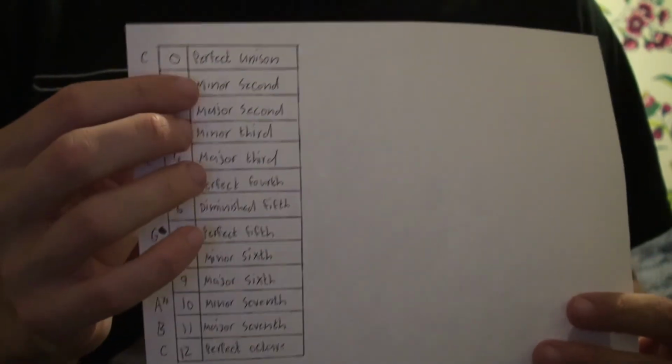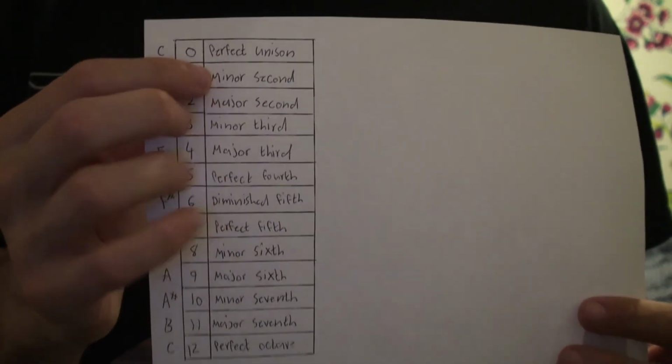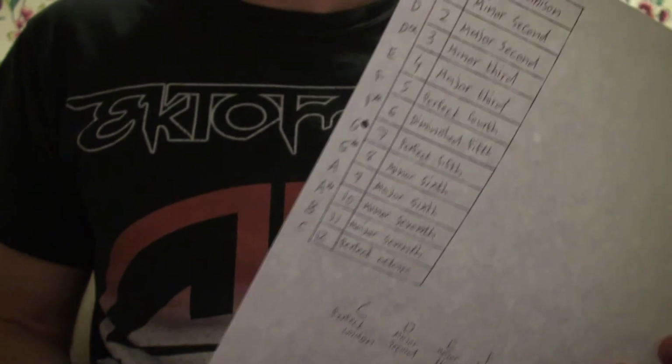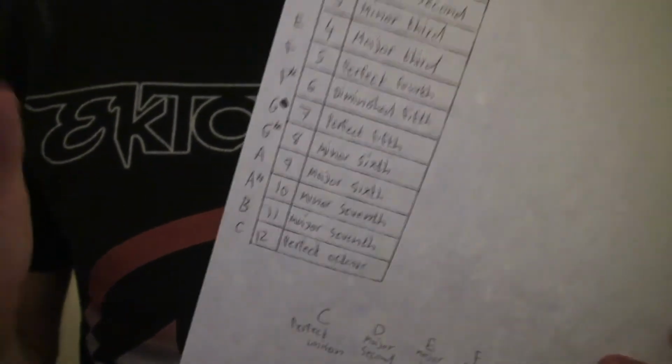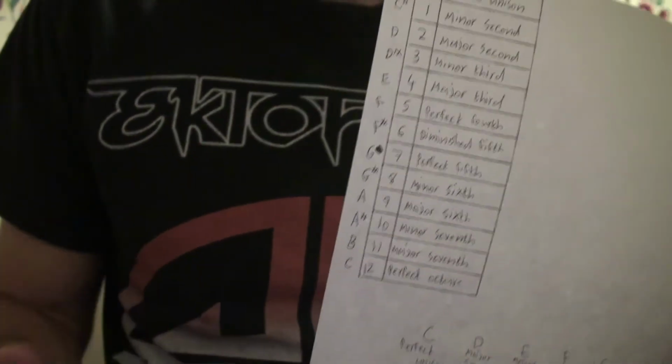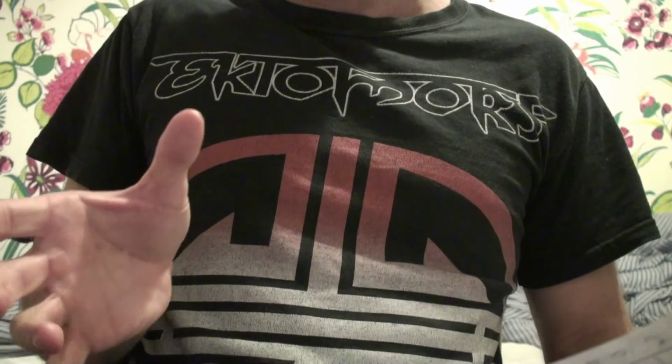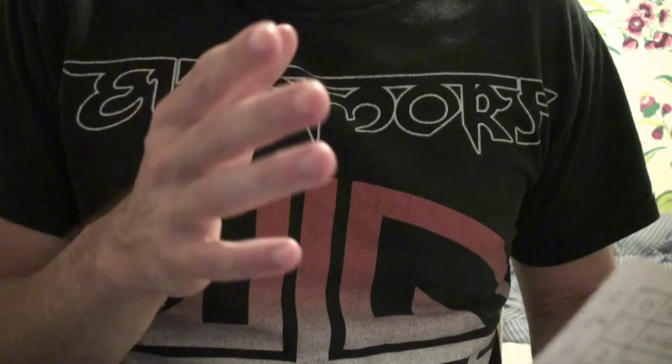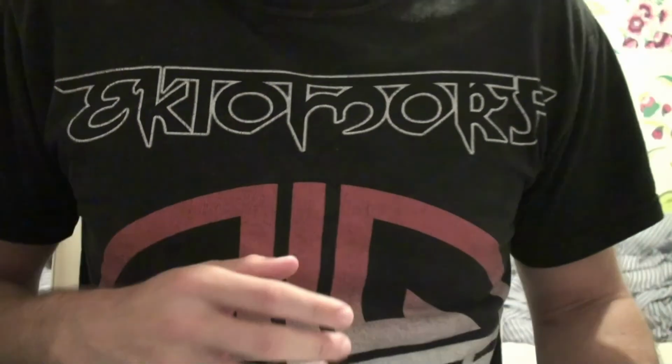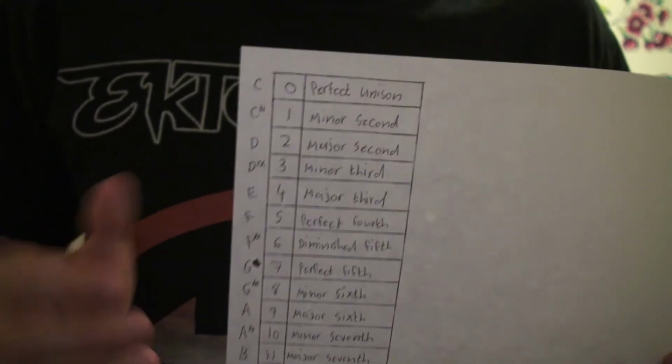And no matter which minor seconds you play, no matter which major third you play, or minor sixth, they will always sound like that interval, no matter which notes you physically use. It doesn't matter where you use them, whether it's a major second going from a D to an E or a G to an A, it will still sound like a major second, two notes apart. And that always has its same character.